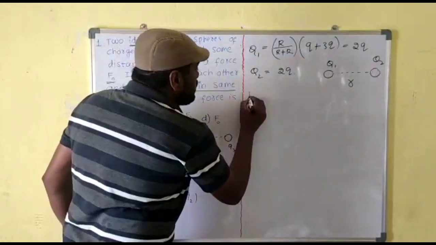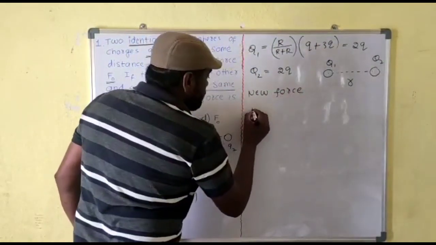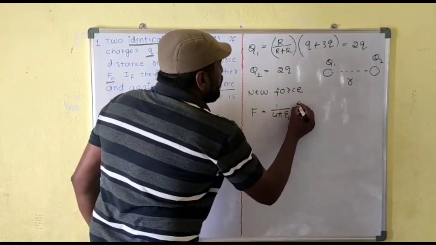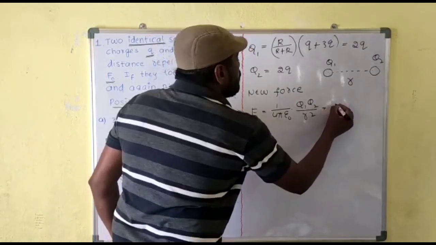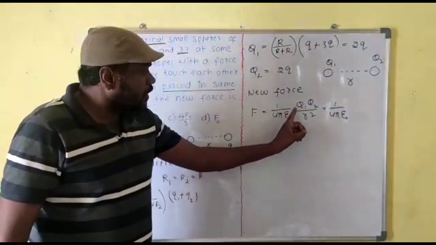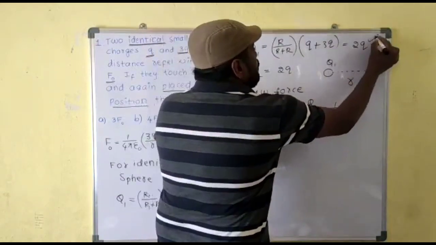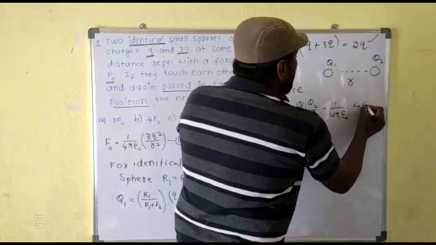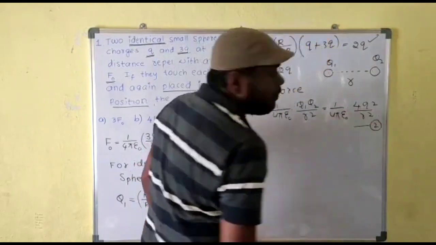Now the new force between them, F, is equal to 1 by 4 pi epsilon naught Q1 Q2 by R square. Substituting the values, Q1 is 2Q and Q2 is 2Q, so 2Q into 2Q gives 4Q square by R square. Let us suppose this is equation number 2.